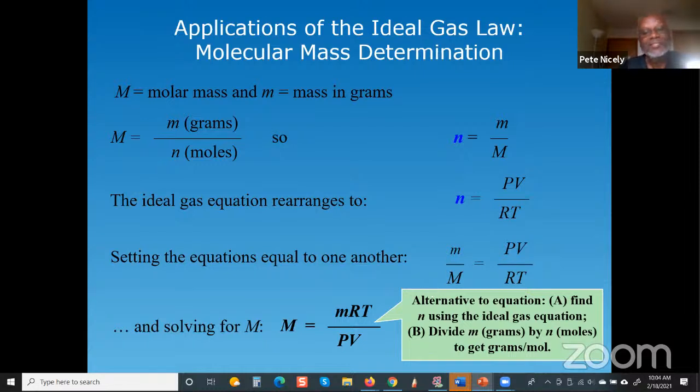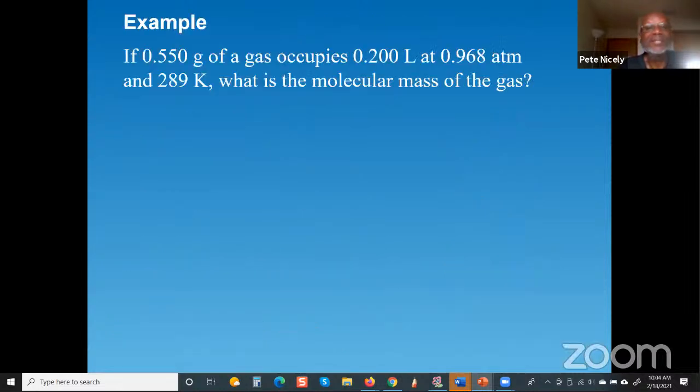Okay. So that's one equation that is derived directly from the ideal gas equation, which is used to determine the molar mass or the molecular mass of a gas, all right? So based on that equation, we can determine the molecular mass of this gas given in this question. So they gave us the mass in grams, they gave us the volume, they gave us the pressure in atmospheres, and they gave us the temperature in Kelvin.